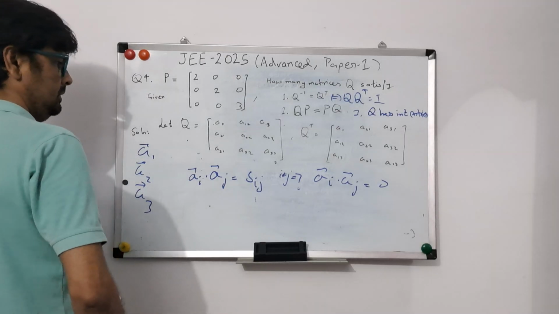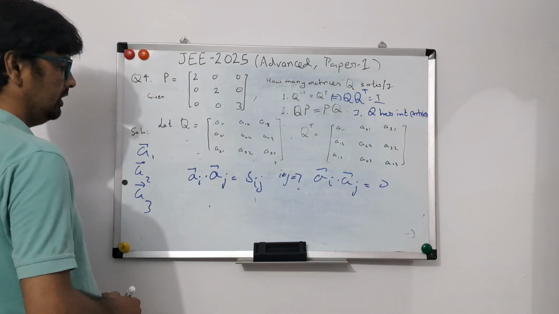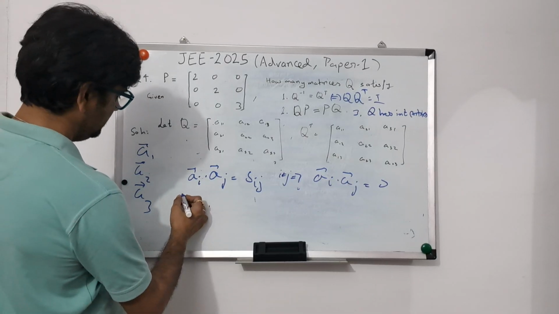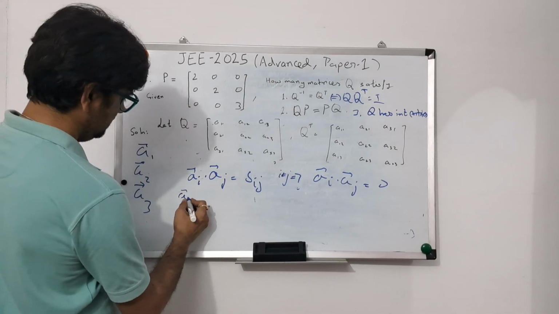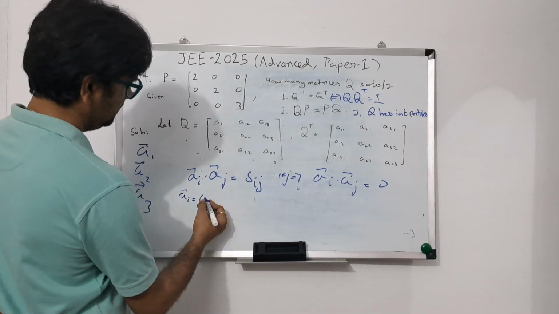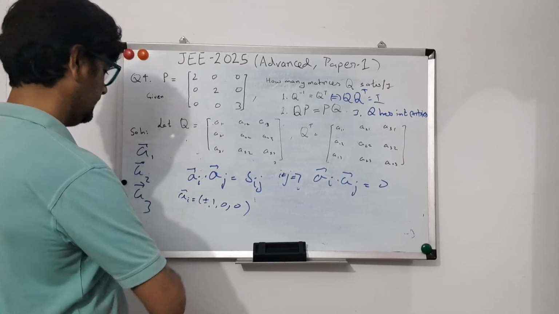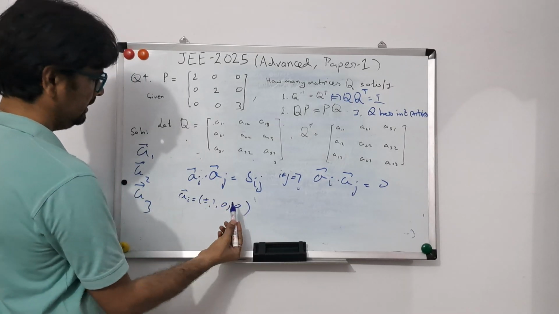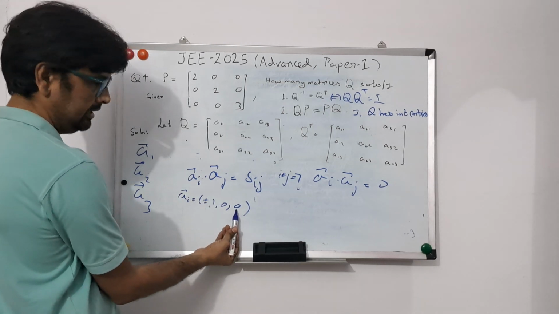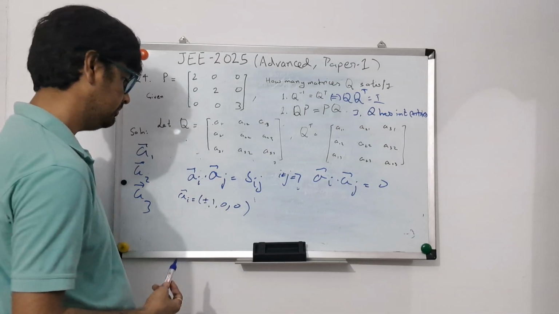Because they have integer entries, we also deduced that their form should be, for example, plus minus 1, 0, 0. It may be that the second entry is plus or minus 1, or the third entry is plus or minus 1, and the rest two entries will be 0.